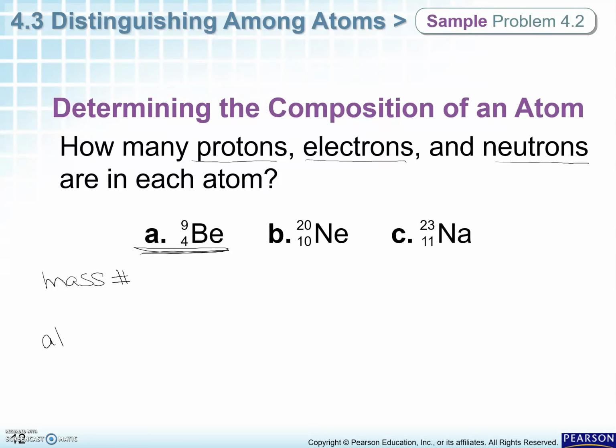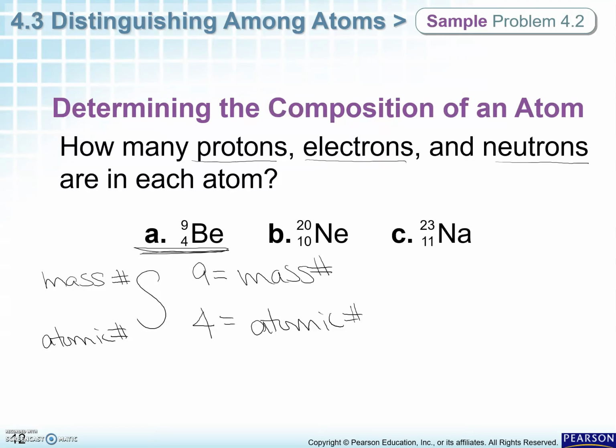Your atomic number is going to be your subscript, and then your symbol is going to be the large letters. So if we remember that, our 9 is going to equal our mass number, and the 4 equals our atomic number for letter A.